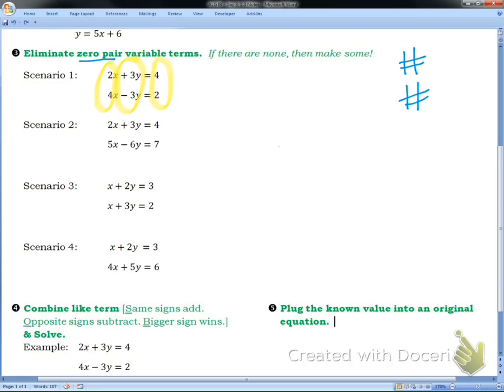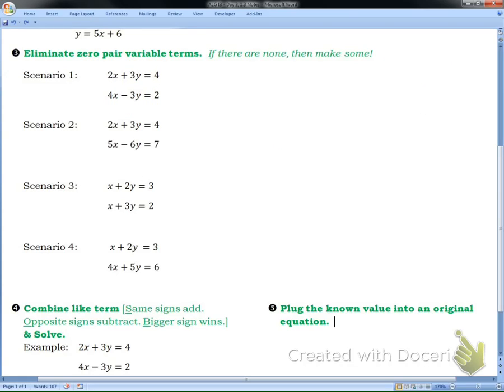So in this case, we have the variable y that both have the same coefficient, the 3, but one of them is the opposite sign. So you have one that's positive and one that's negative. We have a positive 3 and negative 3. Now, they could have been the other way around. The top equation could have a negative 3 and the bottom equation could be a positive 3. So there we've identified a zero pair. That's what we're looking for.